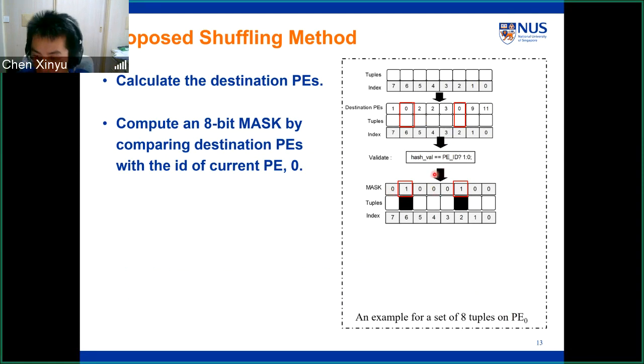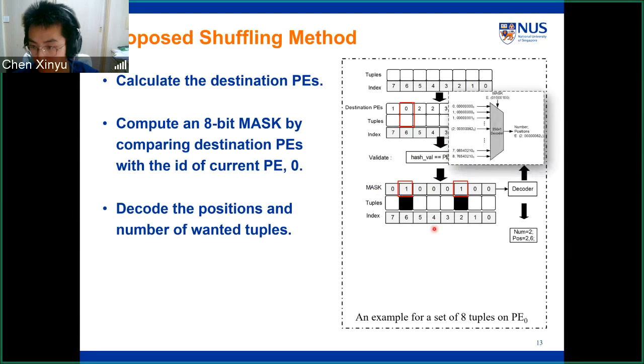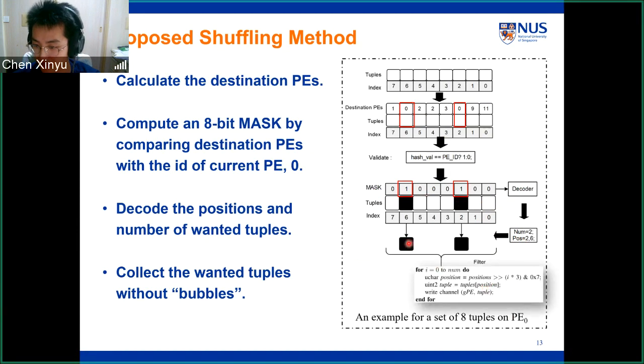Then with this mask code, we can actually decode out the number of tuples that need to be processed and also their positions, because this mask code is one possibility in the table, right? Based on this information, we can directly access the wanted tuples with a for loop.